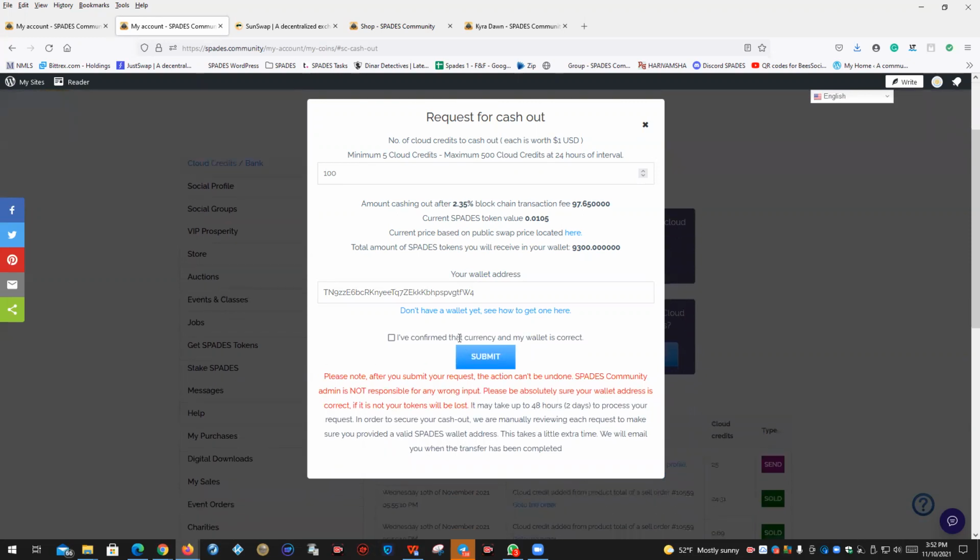You confirm that the amount of cloud credits that you want to cash out is correct, and you must confirm that my wallet is correct. Make sure you get your wallet correct. If you have your SPADES token sent to some other wallet that is not yours, then there's no way to get it back. So this is how you purchase cloud credits.